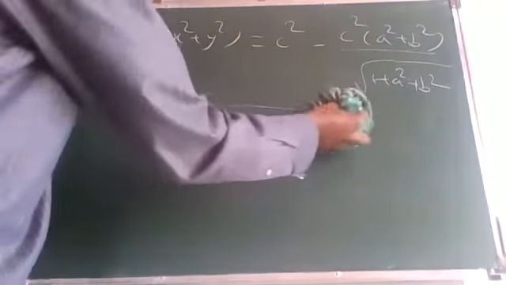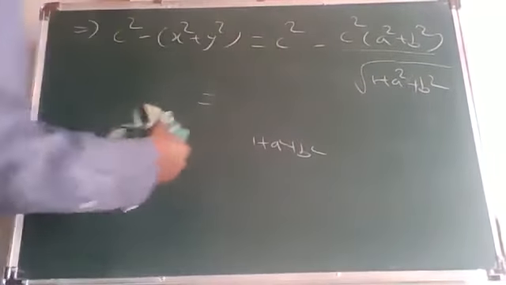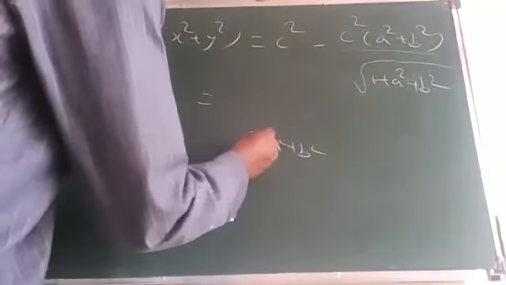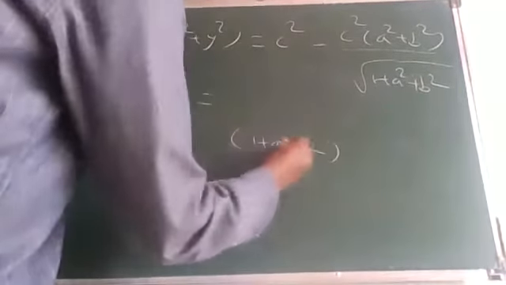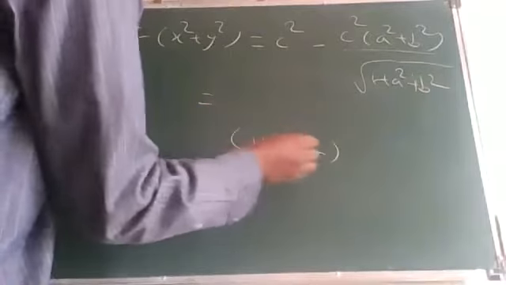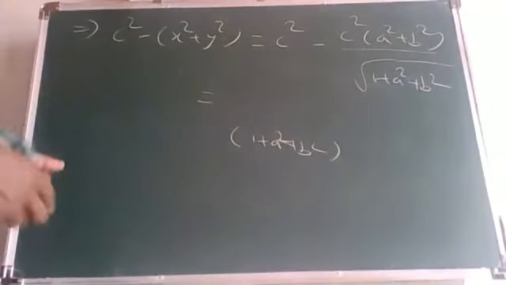Check that. After taking the square, this is only 1 plus a square plus b square. I am missing this. Only this. Check that, otherwise, if not getting, then tell me.